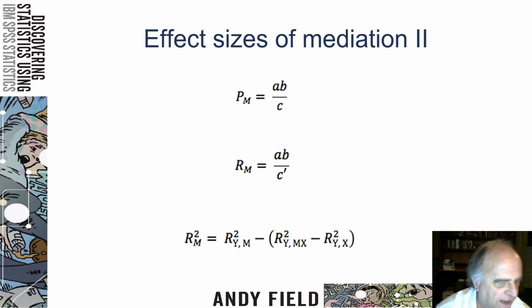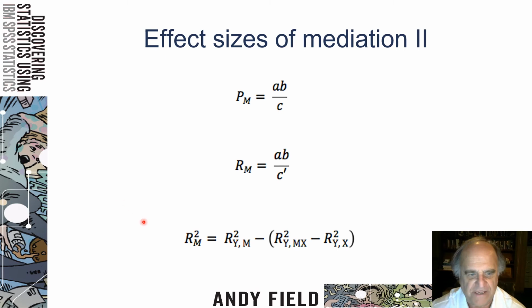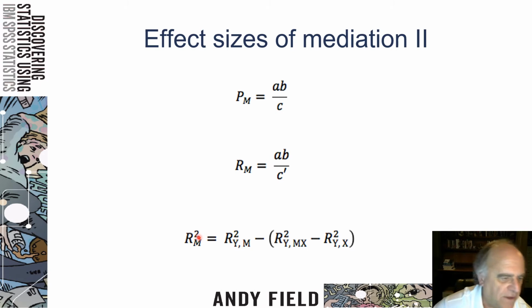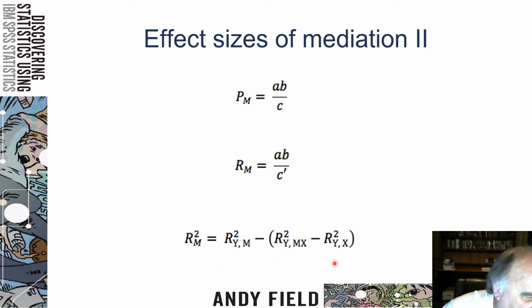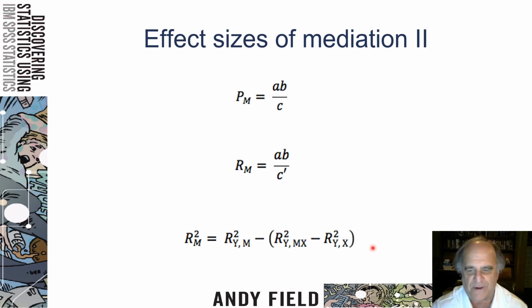And then we have down here our regression estimate of the influence due to mediation. If you'd like further explanation as to what this is and what it means, go to page 372 in the Field textbook, if you have the North American version, and you'll see an extended discussion of what exactly this means.